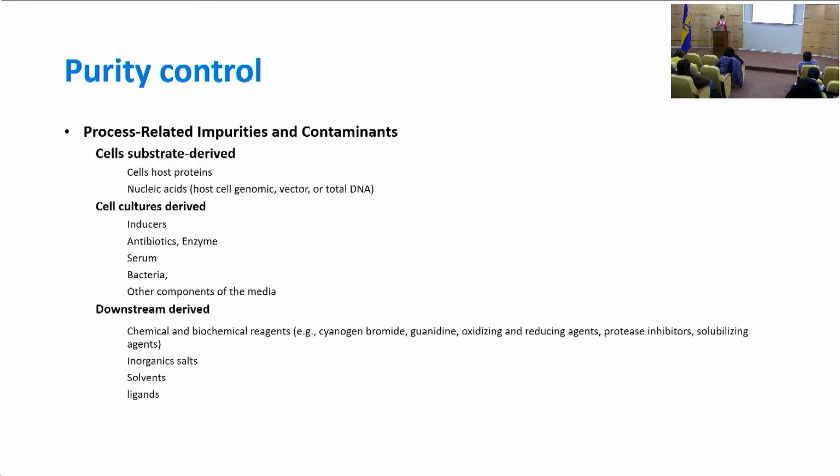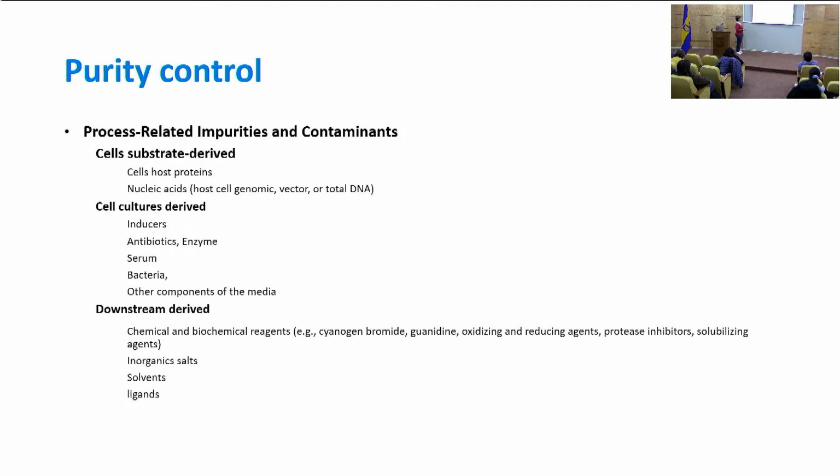So what kind of process-related impurities and contaminants can be found? As I just told you, host cell proteins. There can also be nucleic acids from the host cell genome or the vector, which we call total DNA.